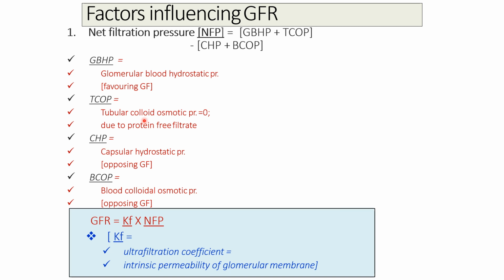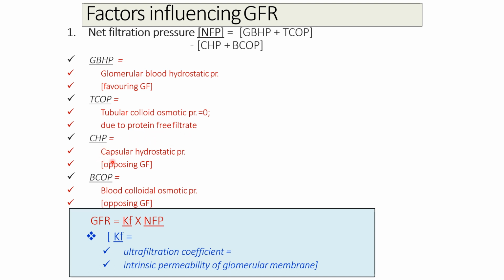Okay, why? Because from the blood the proteins are not at all filtered. Though filtered, it is only very minimal. If the protein size is very small, that is not at all coming into count. So that's why the capsular or tubular colloid osmotic pressure is always 0, because the filtrate is protein free.